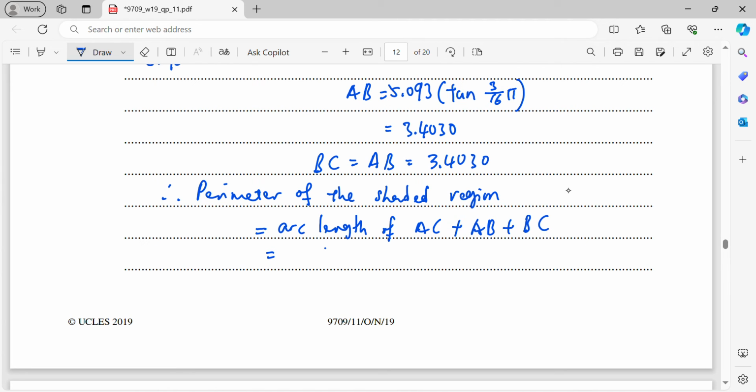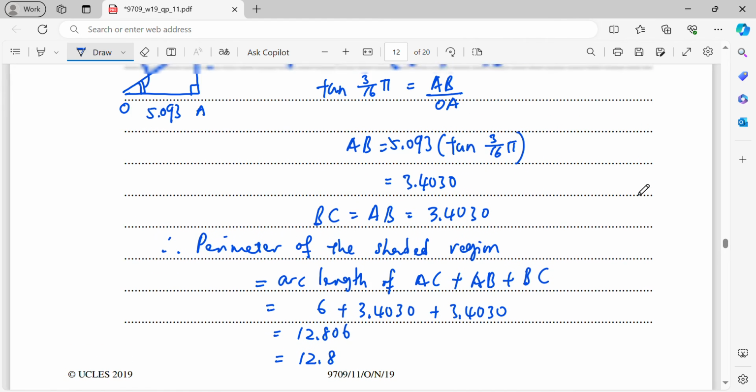So arc length is 6, then plus 2 times, or you can just write 3.4030 plus the same value. Then this is going to be 12.806, and now I round to 3 significant figures, which is 12.8. So that's the solution of the perimeter of the shaded region.